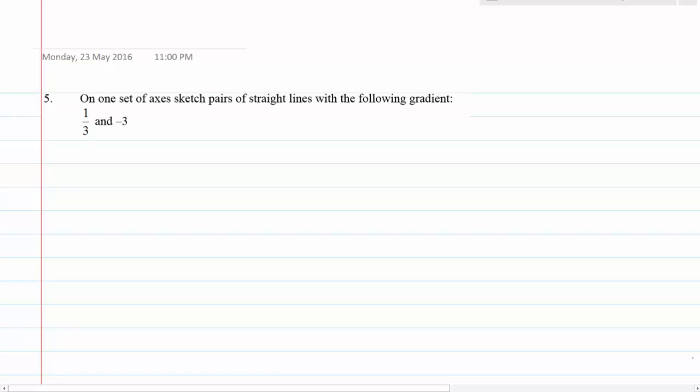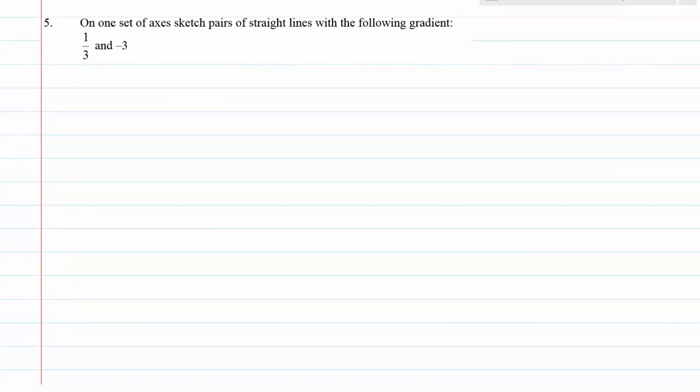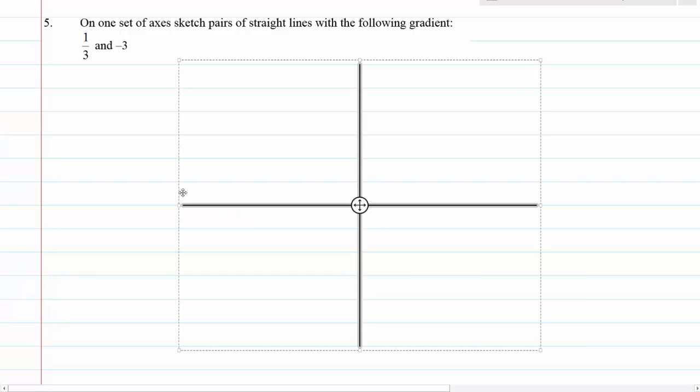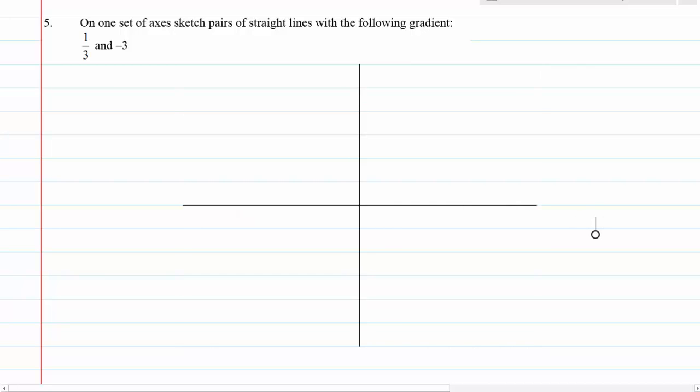So question 5, first of all, is asking for pairs of straight lines with the following gradients on a single set of axes. I'm hoping that for this one, most of you are able to recall exactly what the gradient means and how to sketch the straight lines with those two different gradients.